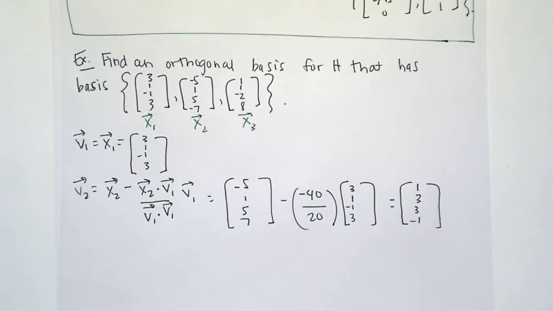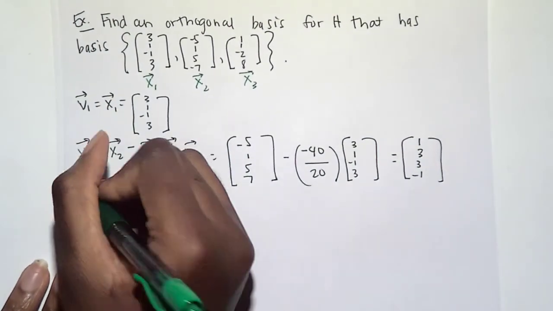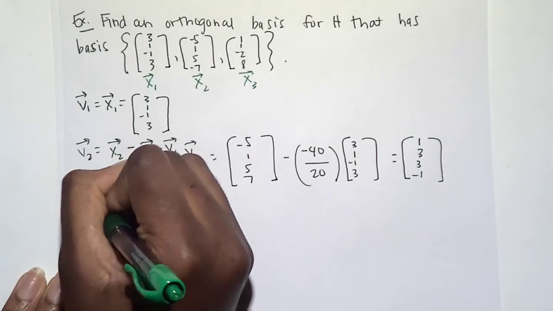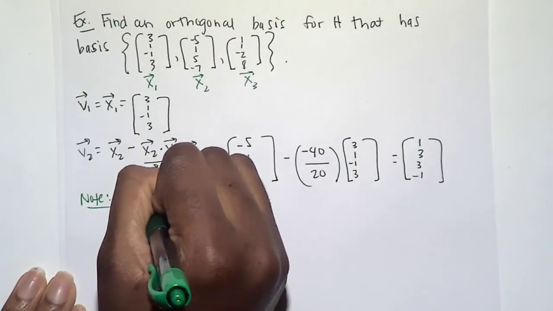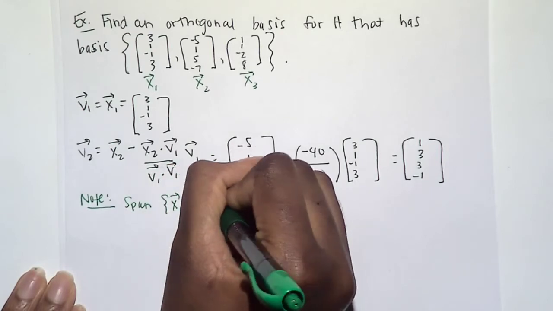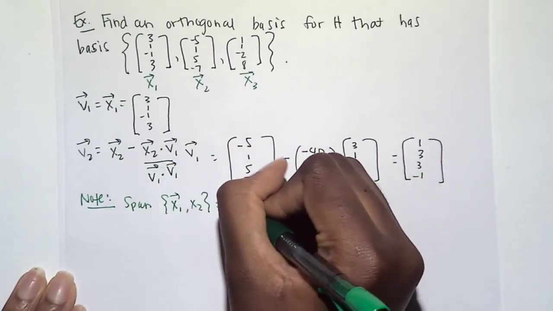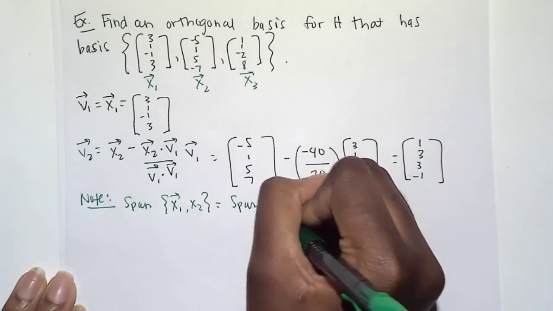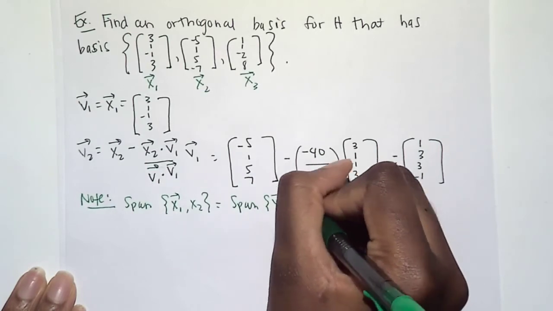All right, so the third one is going to take a little bit of thought and a little bit of work to figure out what we're trying to do here. So I'm going to do a quick little note before we get into it. So note the span of x1 and x2 is the same as the span of v1 and v2.